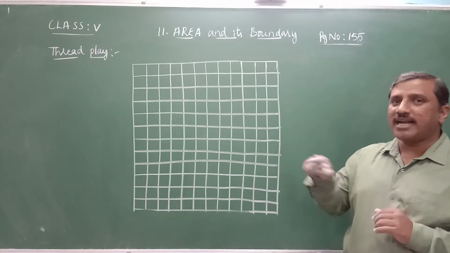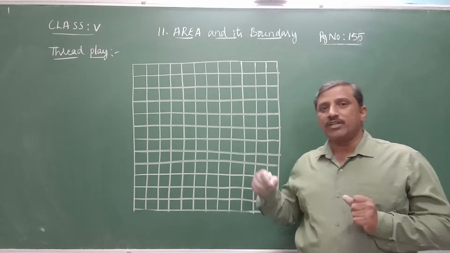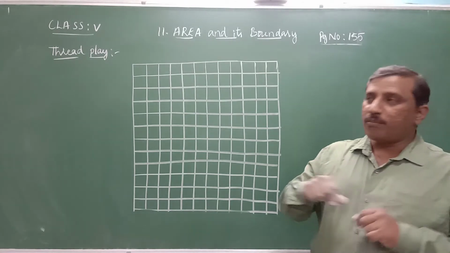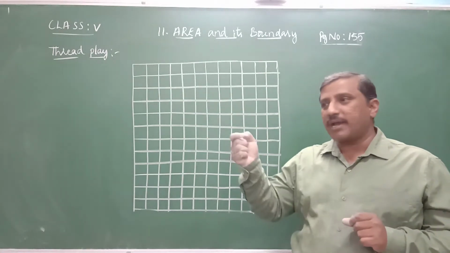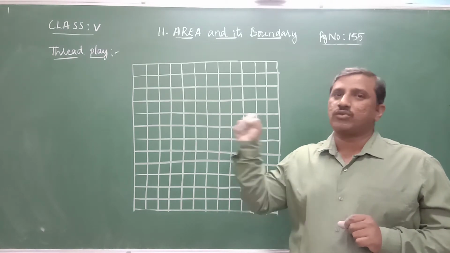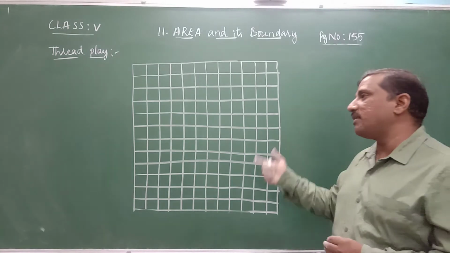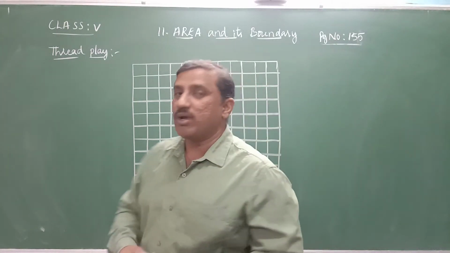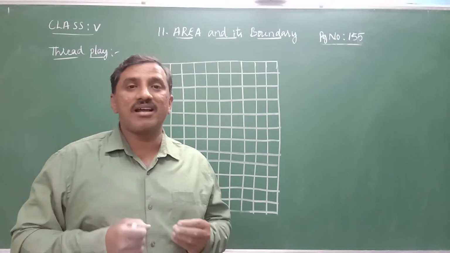We will place the thread on that curve, remember the point up to where we are going to measure, and remove the thread. Then by using the scale we will measure the length of the thread, which will give the perimeter of the irregular shape.